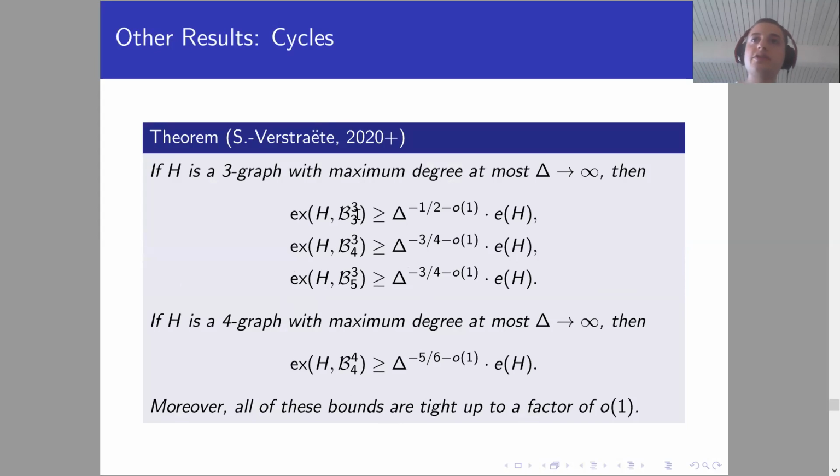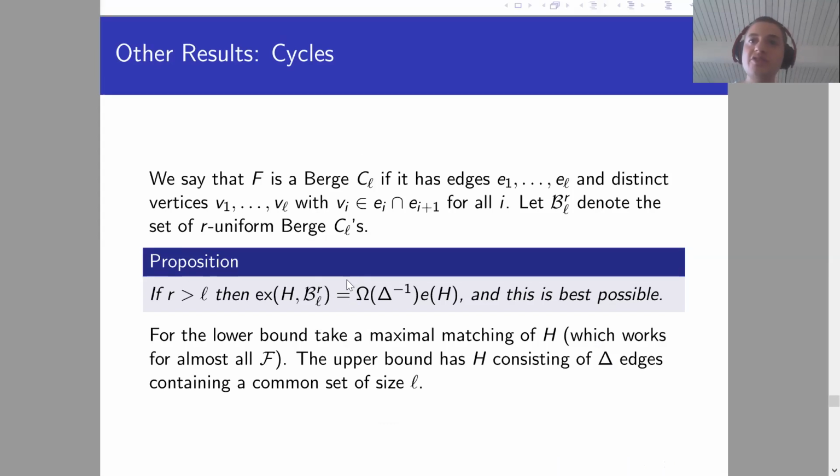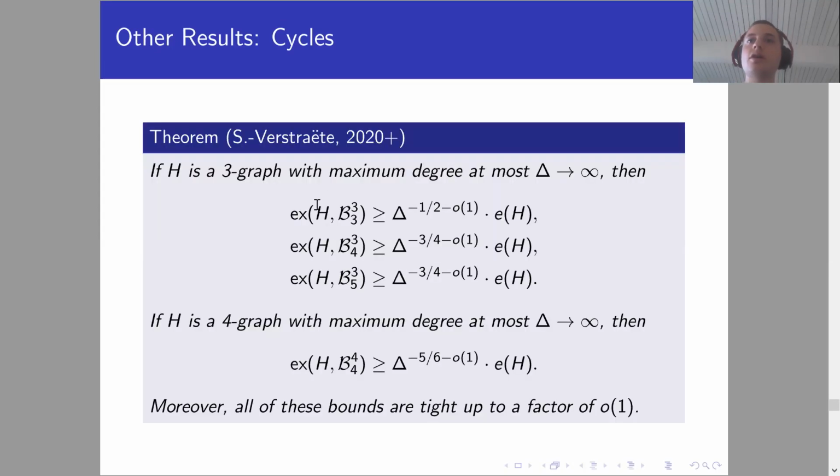And the reason we look at these at first glance kind of random looking set of examples is because there are very few cases where we know the classical Turan number for Berge cycles, and every case is either covered by this proposition, and those that aren't are only these 4 cases, and they're covered by this theorem.